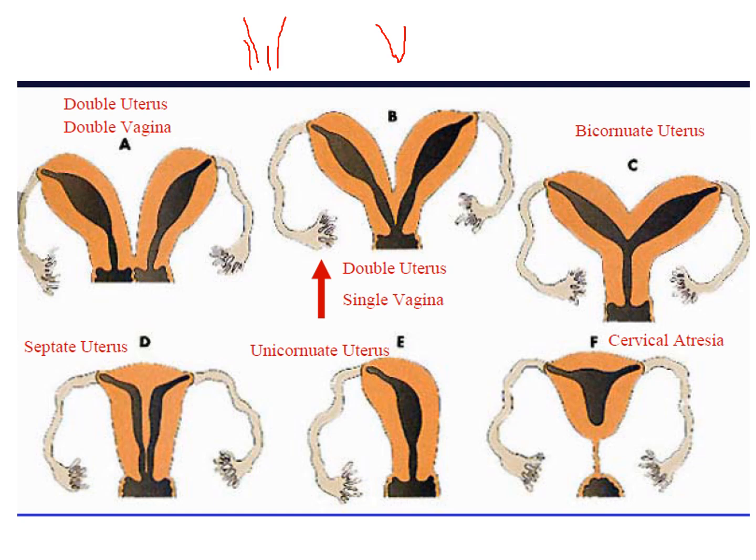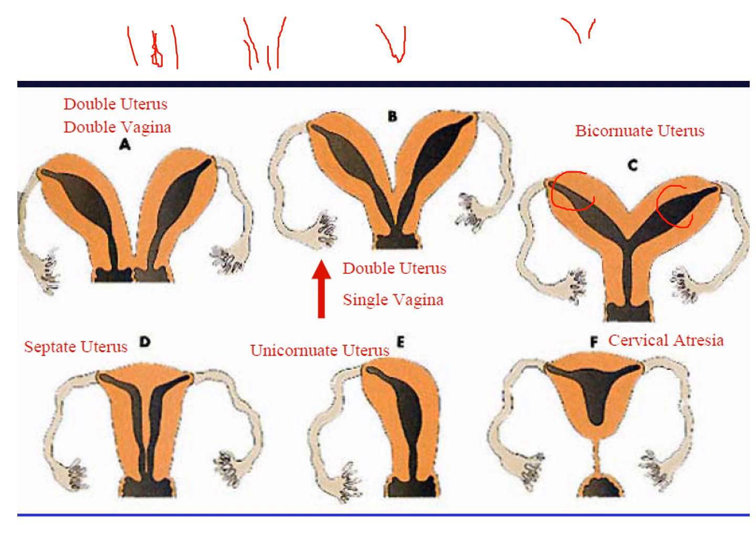Or sometimes the uterus is partially fused, but it has two parts here. This is a cornu or horn, and this is called bicornuate uterus. Sometimes they fuse, but the septum in between them did not disappear.